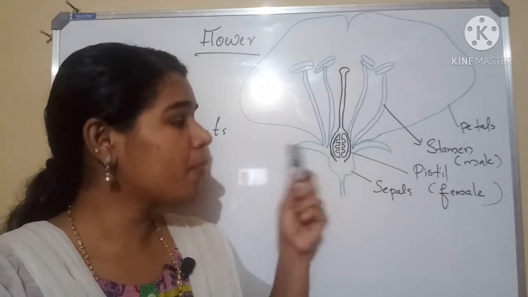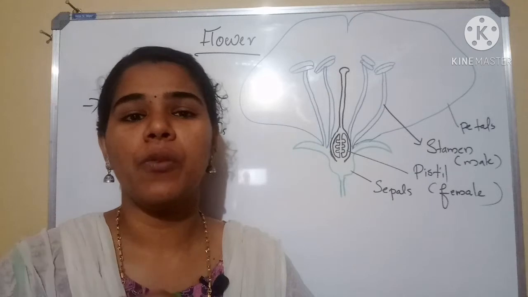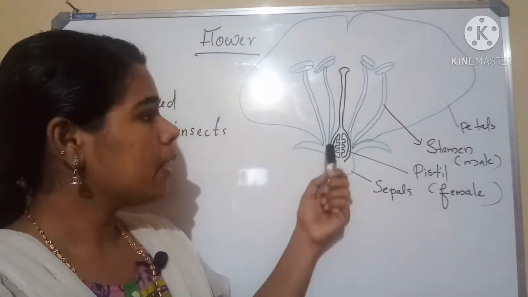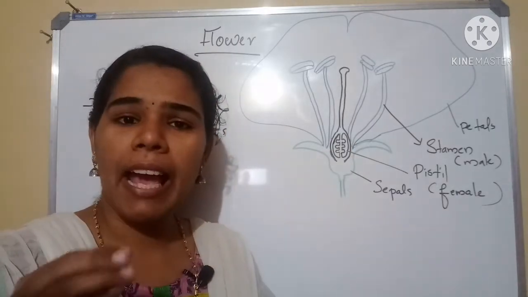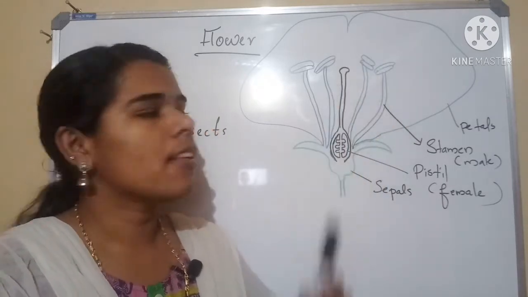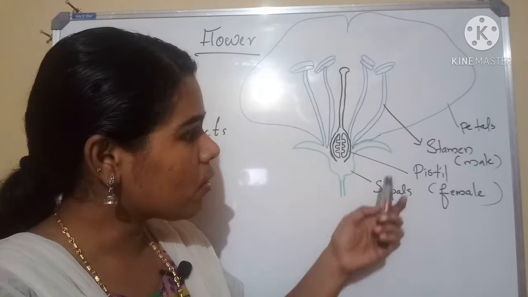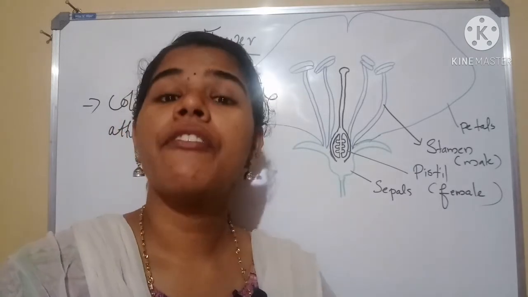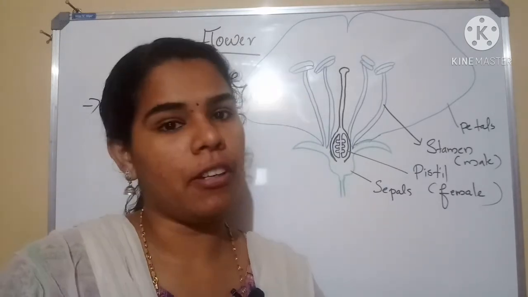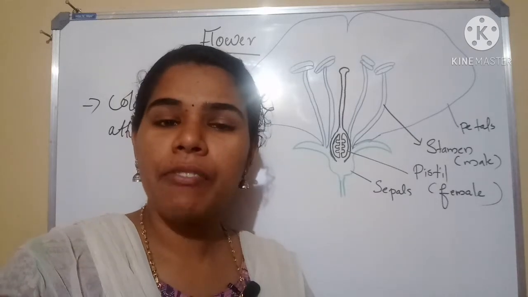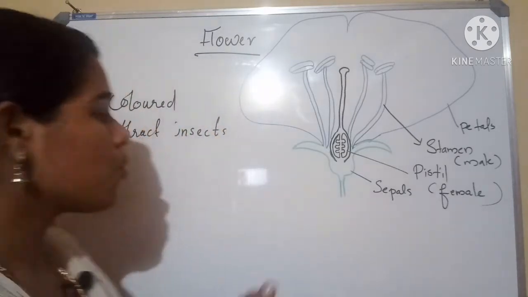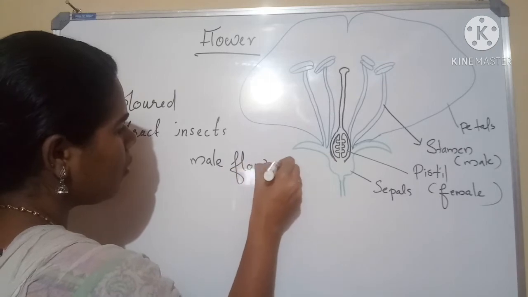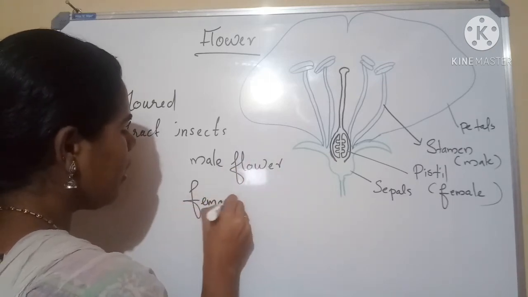Yes, flowers carrying only the female sex organ are known as female flowers. Some flowers may carry only the male sex organ, the stamen, and these are known as male flowers. So there are two types of flowers: male flower and female flower.